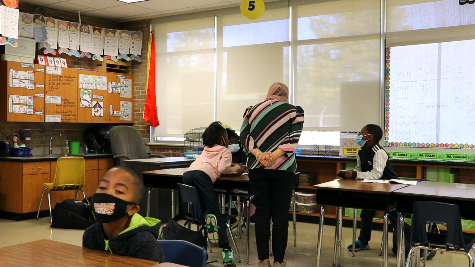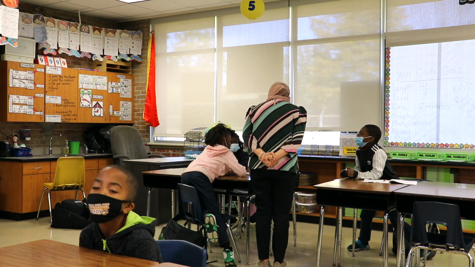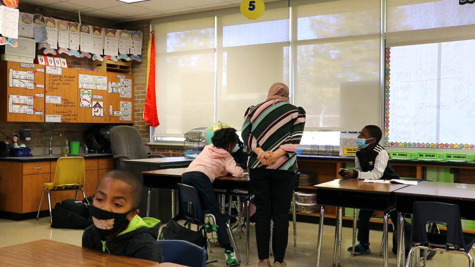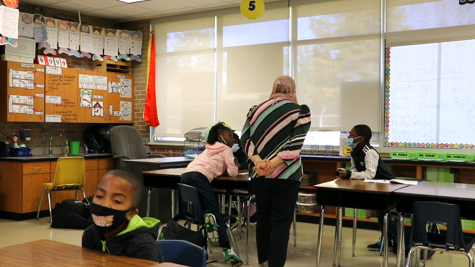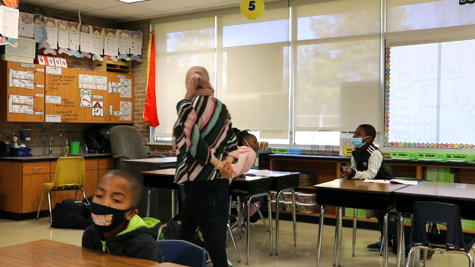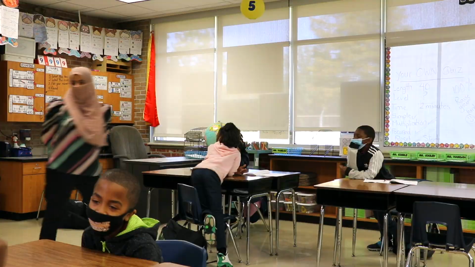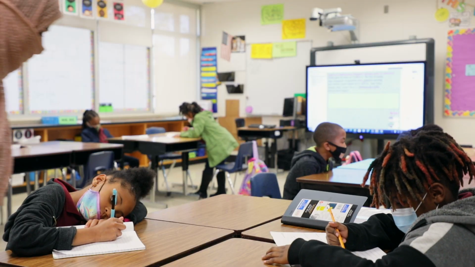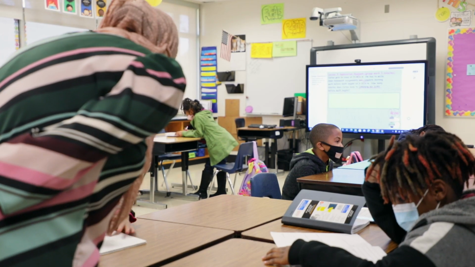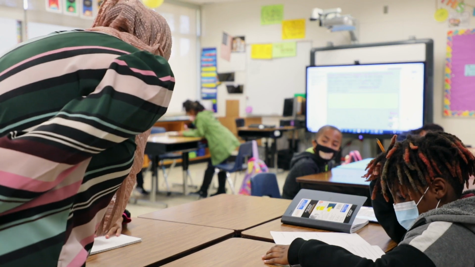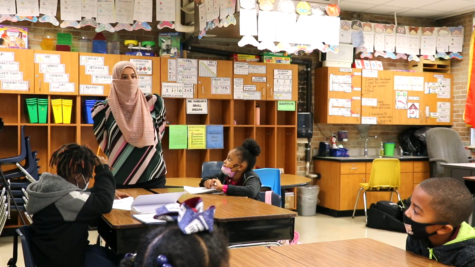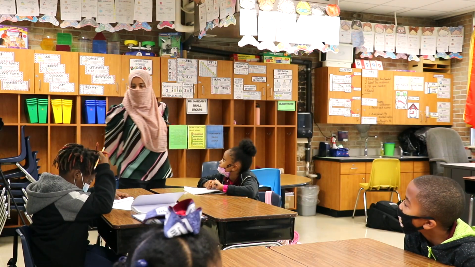So to find out how long he has to finish his tasks, what strategy do we have to use, if I know the start time and the end time? Alexa, stop. Okay, table 6, what is your answer?